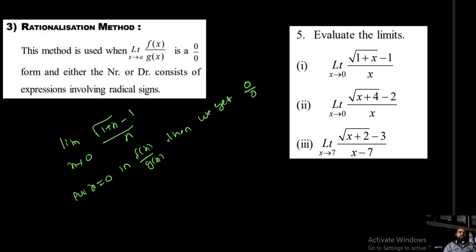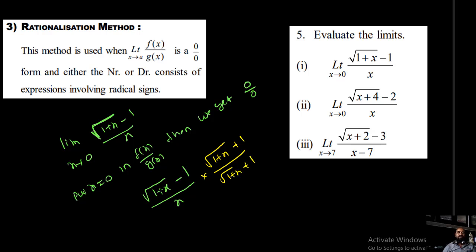So here radical signs are involved. By using the rationalization concept we can find the limit of this function. Okay, first of all I want to simplify this function, root 1 plus x minus 1 by x. I want to rationalize the numerator, so that's why I am multiplying by root over 1 plus x plus 1 by root over 1 plus x plus 1.